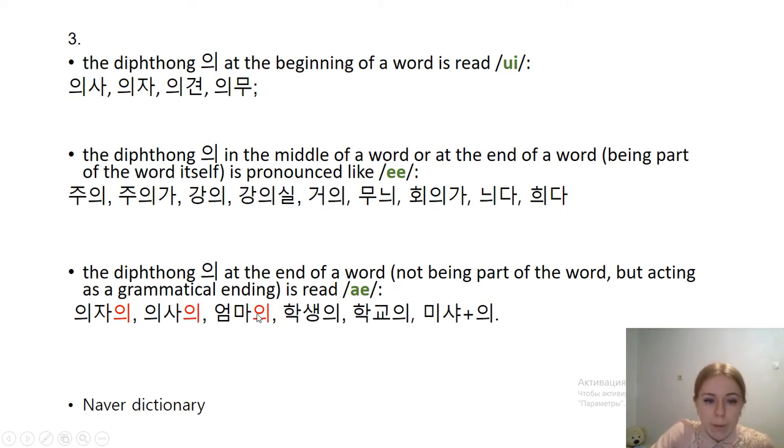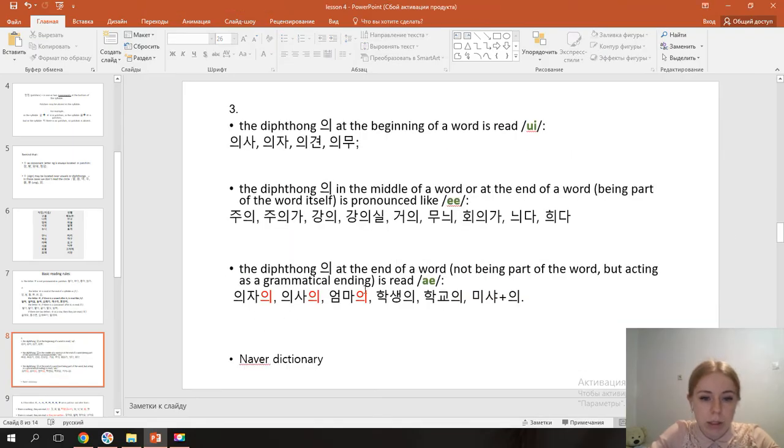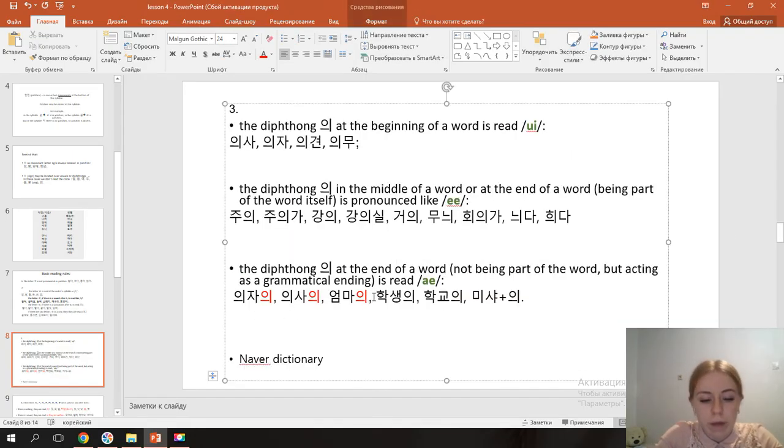Why do we read them in this case like 에? Well, for example, 엄마에. 엄마 means mom, our mom, my mom, your mom, and so other moms. 엄마 is mom. 에 means something like this in English. I don't know how to say that.